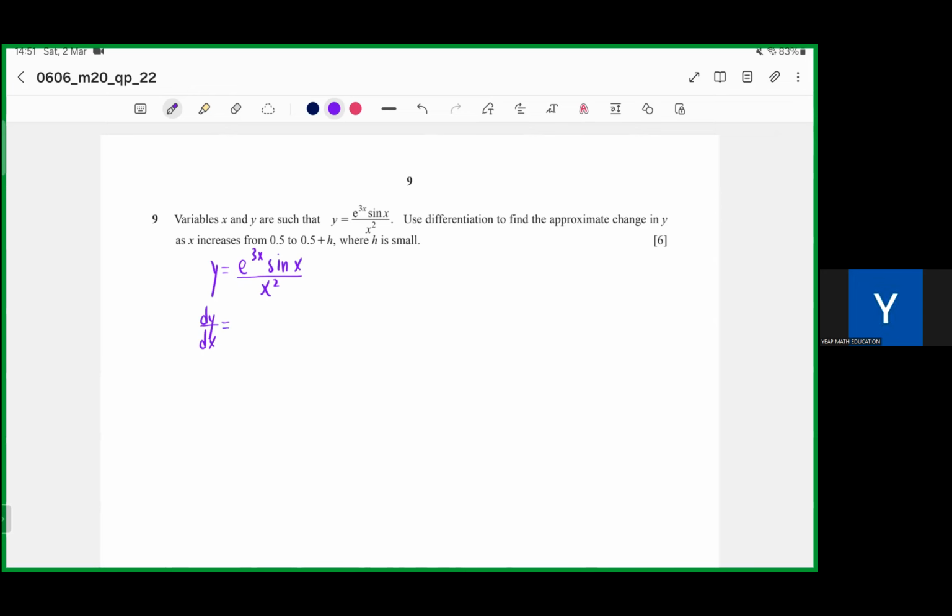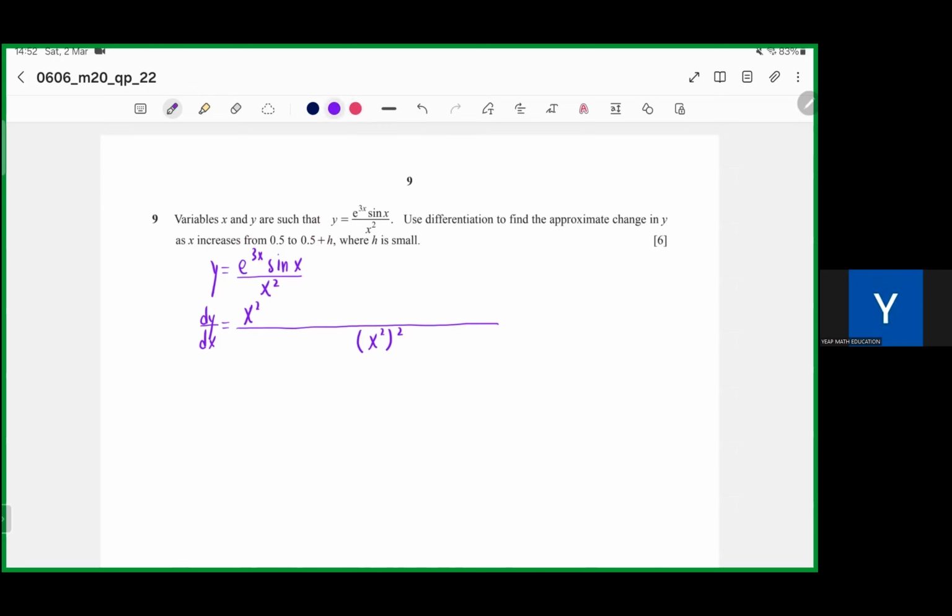Now I show you. First, for here we use the quotient rule first, because at the denominator it becomes squared, so we copy right here. But for this part, we need to use the product rule to solve it.